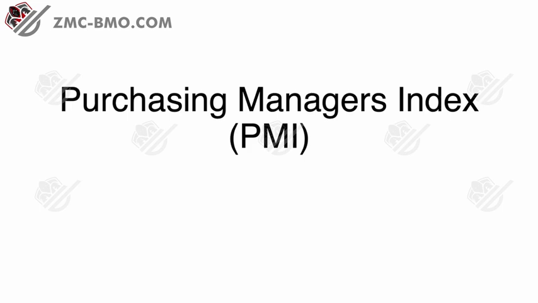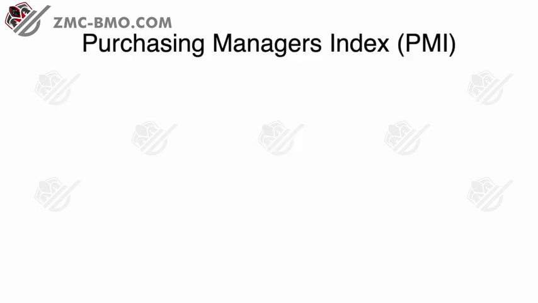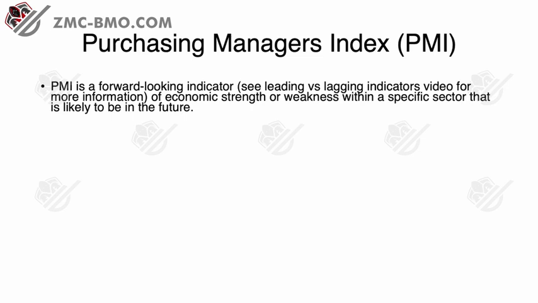So in terms of PMI data, let's have a little look as to what it is. Firstly, PMI is a forward-looking indicator. See the leading versus lagging indicator video for more information. It is on the website. Please check it out if you want a bit more information on what a forward-looking indicator is.